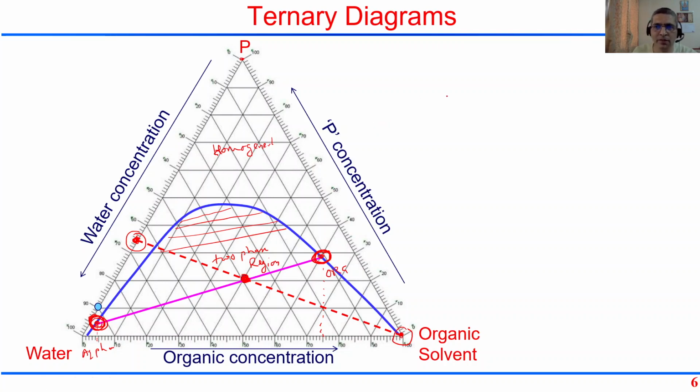Now, the question that I want to ask is, how would the ternary diagram look for a very good solvent for P?